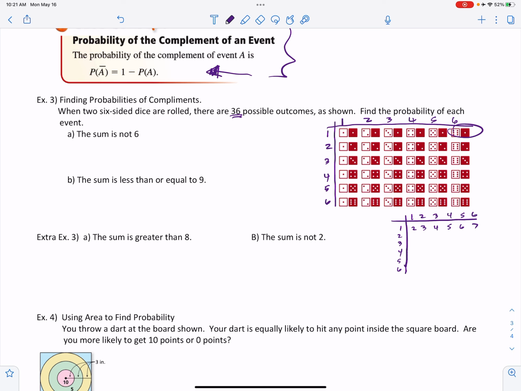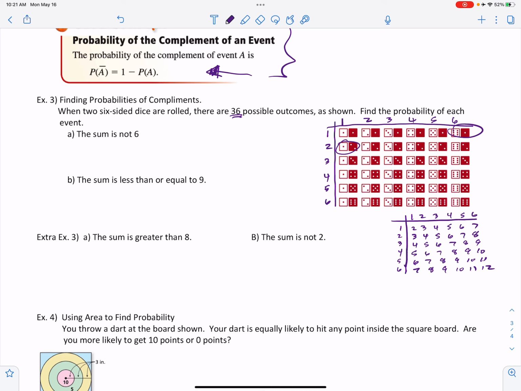The second roll, 1 plus 2 is 3. And so these sums start looking like this. And those are the 36 different possible sums.